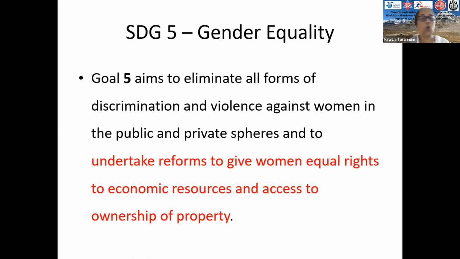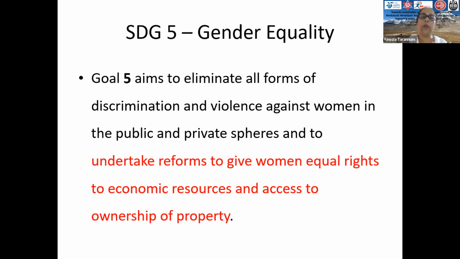But are women alone in a disadvantaged position? Whenever we talk of gender, we need to also look at intersectionality, that there could be women of a particular caste, of a particular socioeconomic background, or of a particular religion, who could be at a disadvantage.